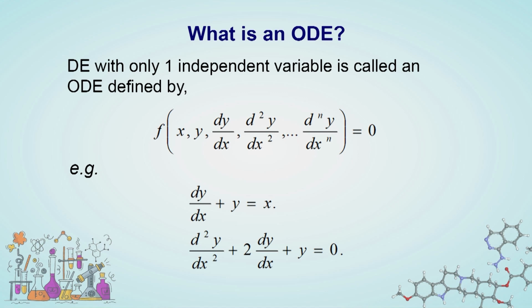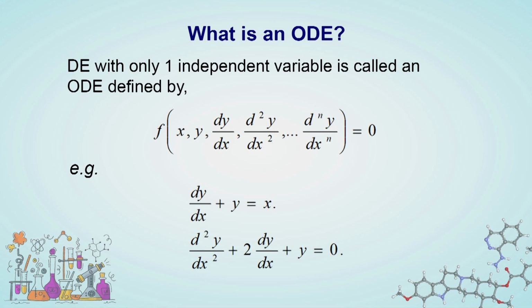In the second term, d2y by dx square means again we find the rate of change in dy by dx. It means again d by dx, the rate of change with respect to x. Thus, dy by dx is again differentiated with respect to x. Then we have d2y by dx square. This is the second order.